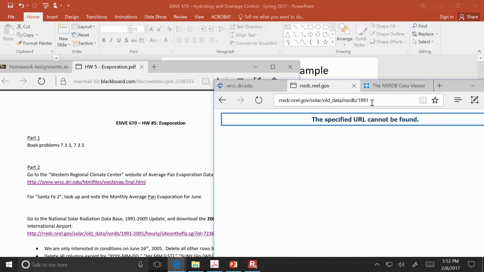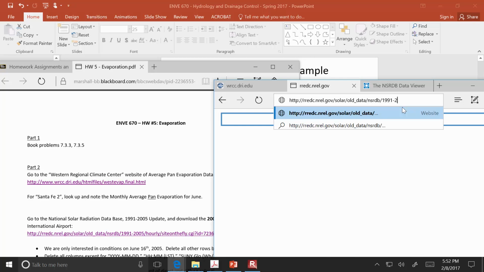Okay, so 1991 slash, okay, through 2005, hourly site on fly.cvi. ID equals 7236. What's the other one?